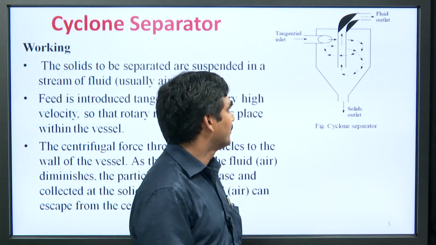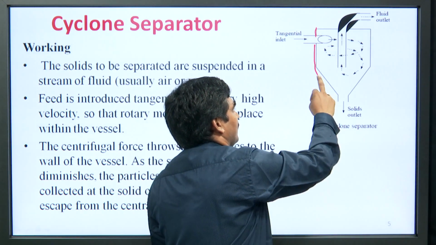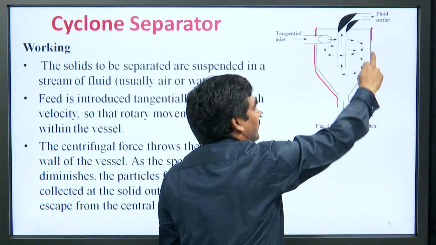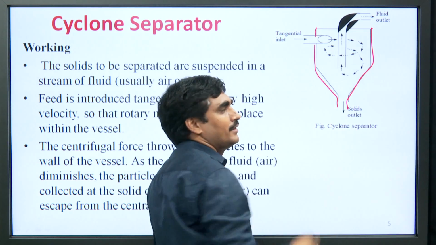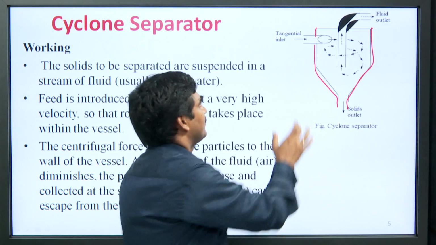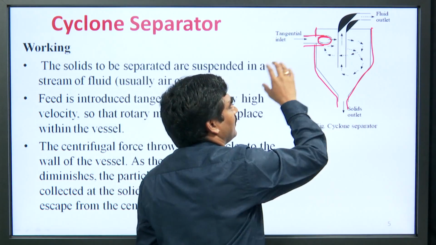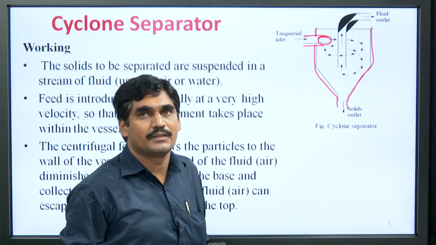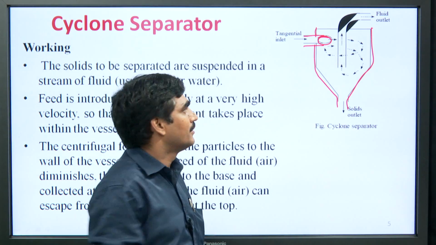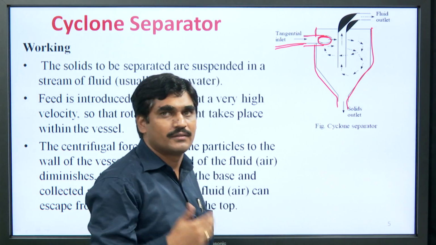As I have shown in the previous case, this is the typical diagram of cyclone separator: a short cylindrical vessel with a conical base. This is the place from where the particles are entering into the system, that is called the tangential inlet. Tangential inlet, why?